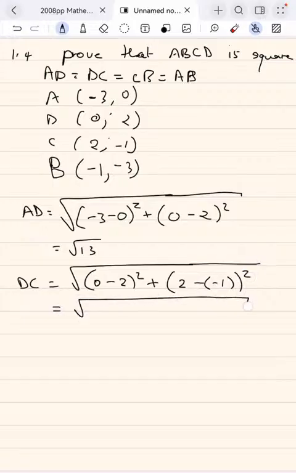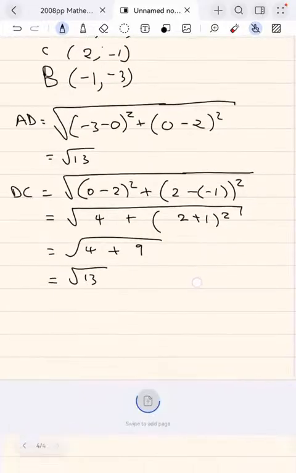Square root, boom. This is 4, plus 2 plus 1 squared, which is 3 squared. 4 plus 9, the square root is equal to the square root of 13.